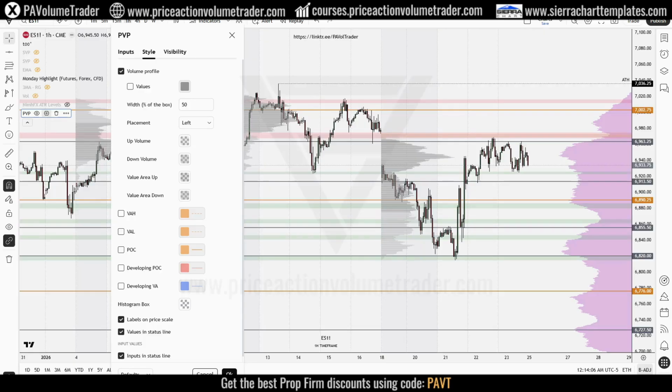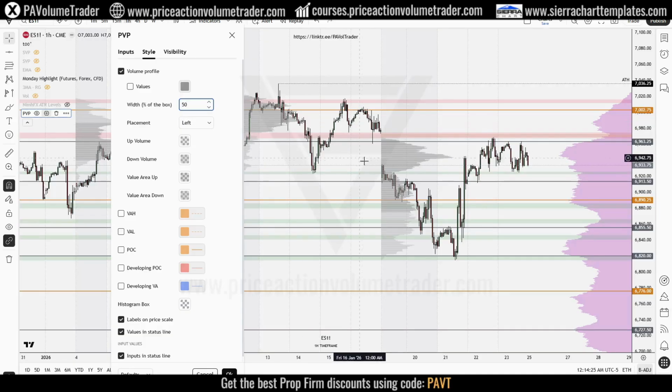And remember, value area, that 68% indicates that's where 68% of the traded volume is concentrated within that profile. Width, I have it at 50% width.